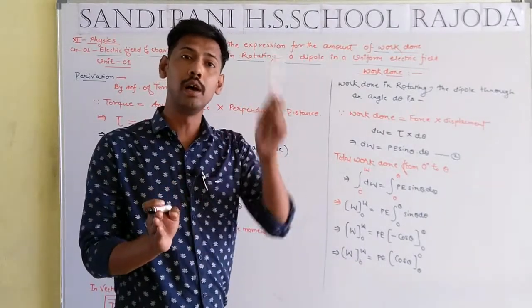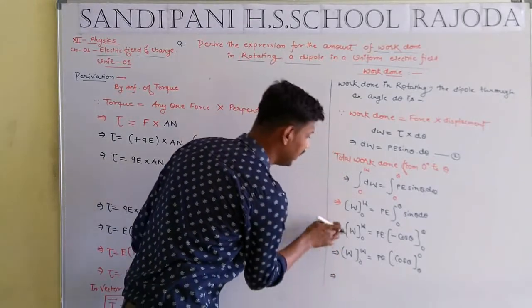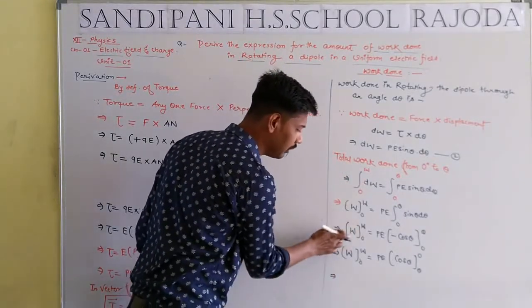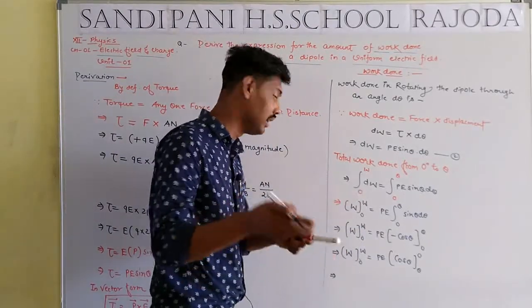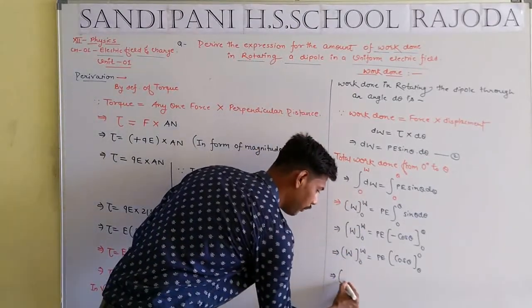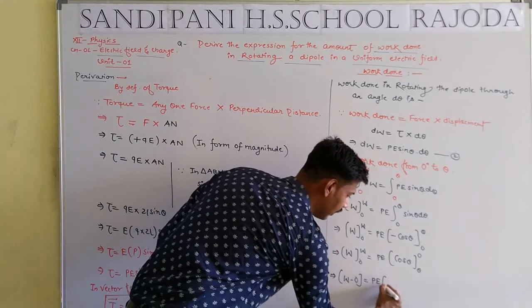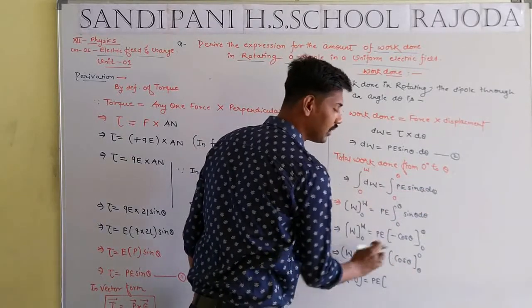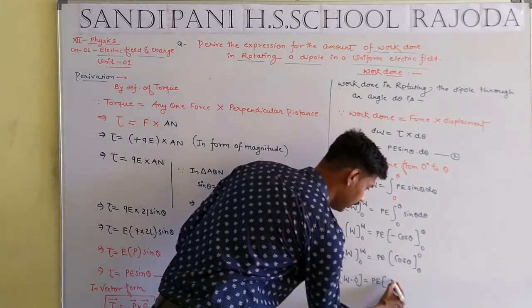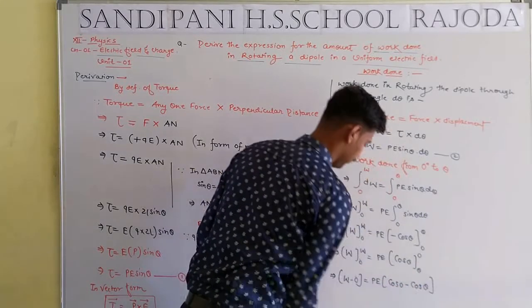Limit means upper limit minus lower limit. For integration dW, we put the limit in the place of W, so upper limit minus lower limit, times P E. In the case of d theta, we put in the place of theta: upper limit cos 0 minus cos theta.